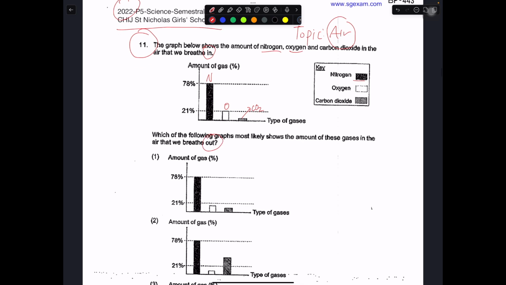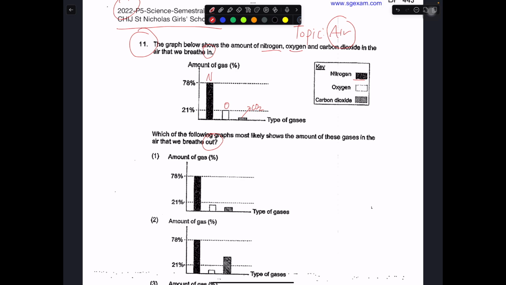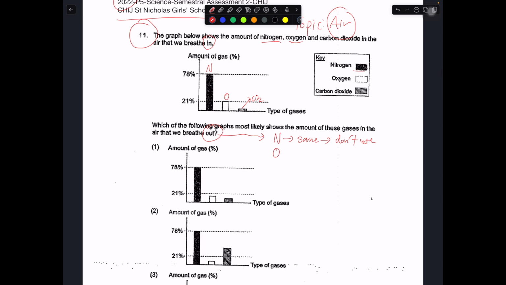So when we breathe out, certain gases will become lower, certain gases will become higher. Nitrogen, we need to know that it will remain the same because we don't use it. Whatever you take in and out will be the same. Oxygen, because we use it, the amount will decrease and be lower than 21.